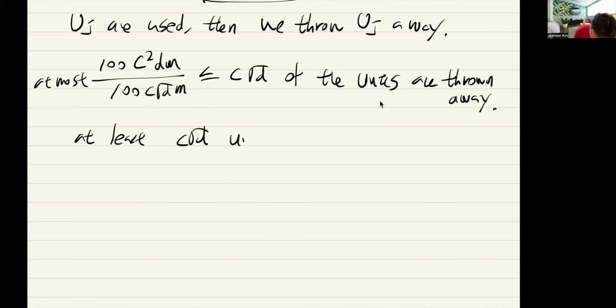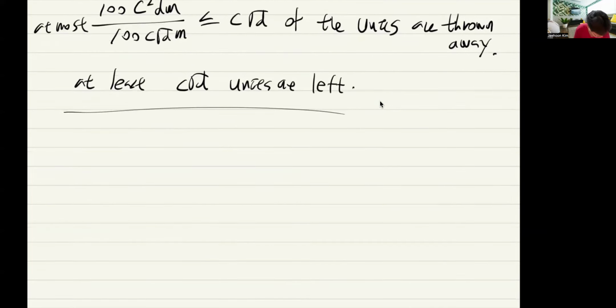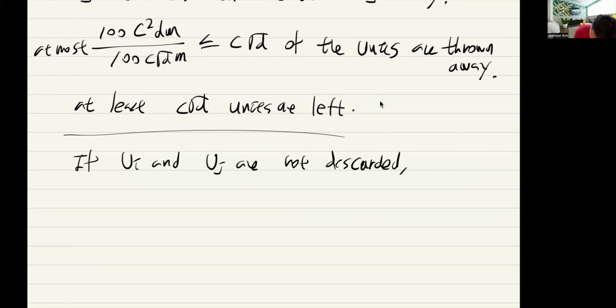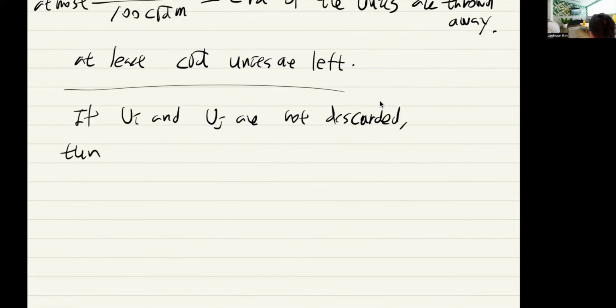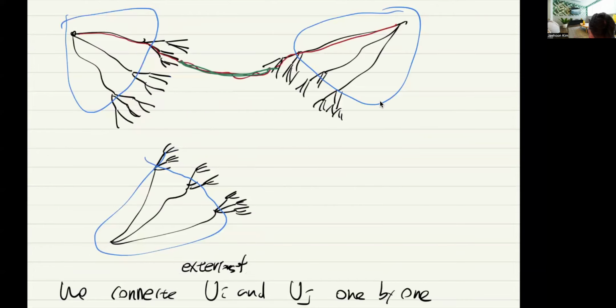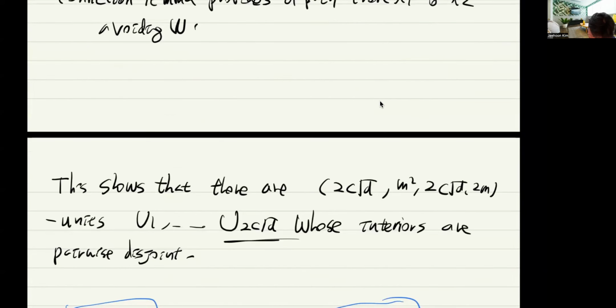So these units are left. Among the left ones, you choose 2 of them which are not connected, and then you connect. While you're doing that, say if U_i and U_j are not thrown away, not discarded, then how many middle vertices are not occupied?